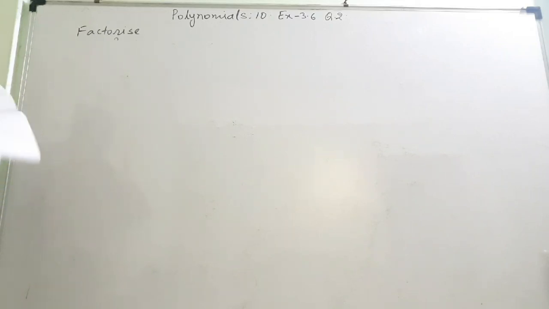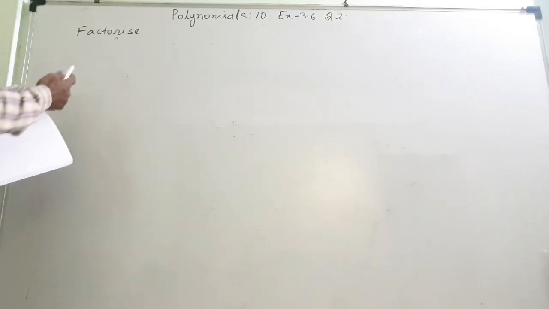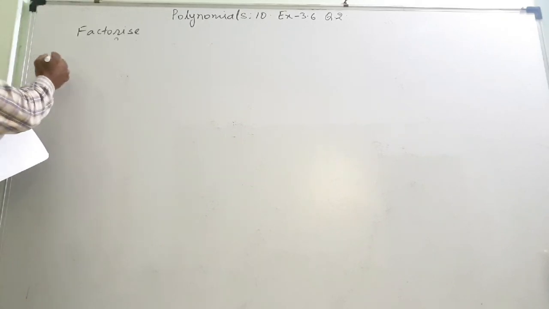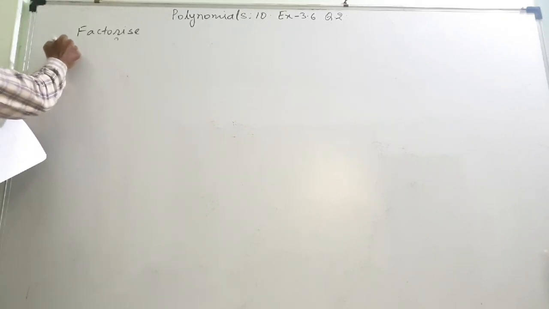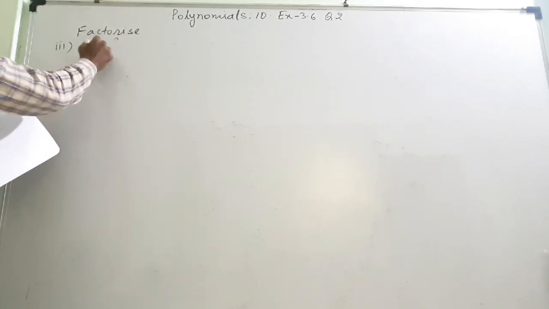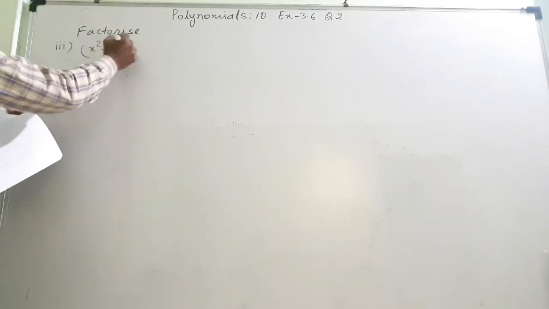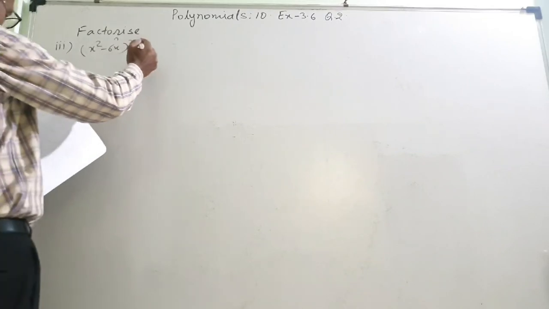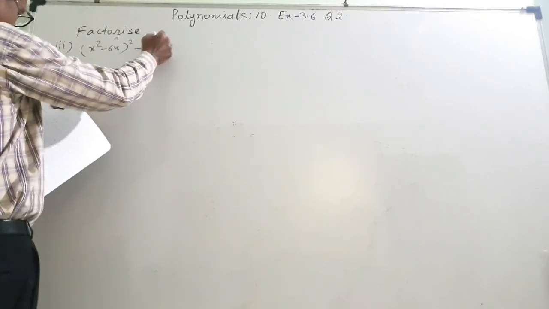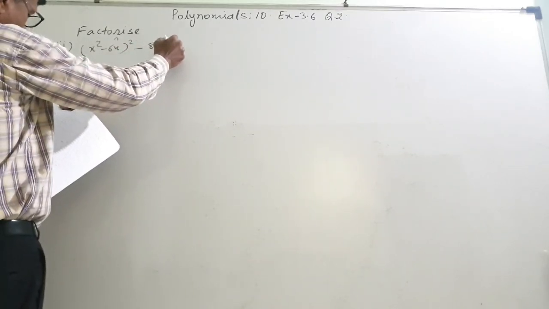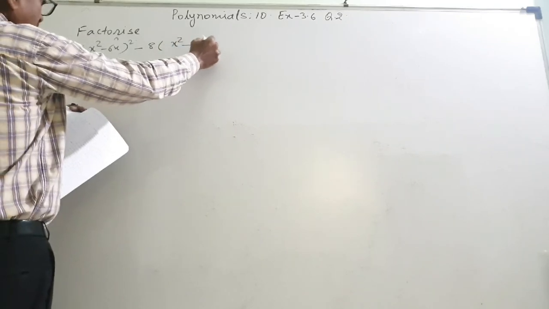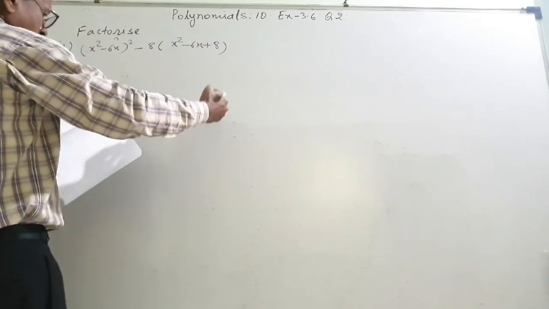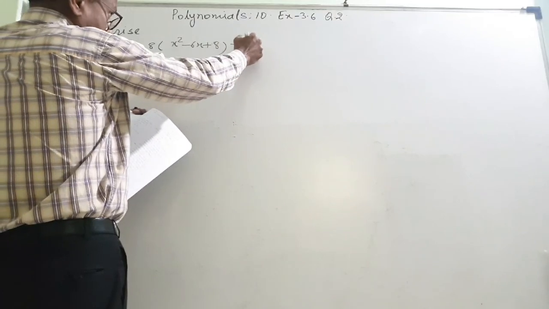So the third one I will take: (x square minus 6x) whole square minus 8(x square minus 6x plus 8) minus 64.